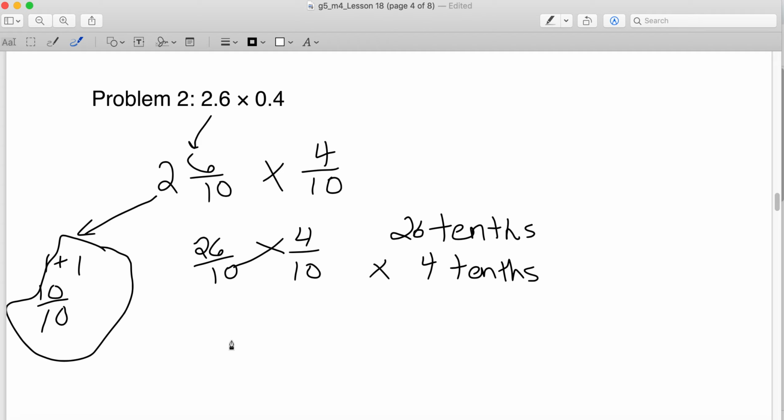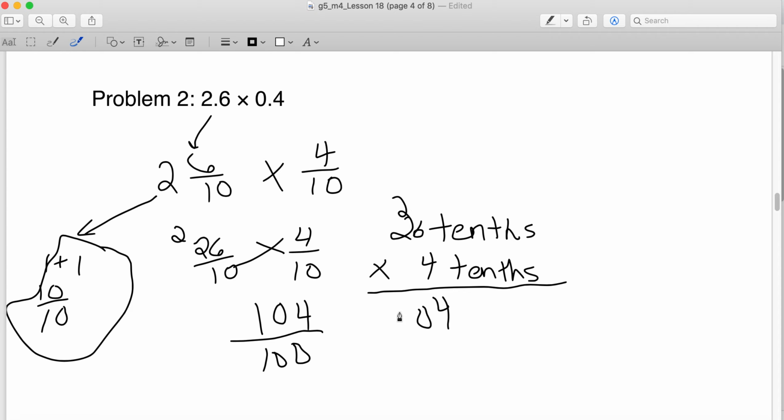So 26 times 4 and 10 times 10, so that's 100. 6 times 4 is 24, and we're going to carry the 2. And then 4 times 2 is 8, plus 2 is 10. All right, so we should get the same thing here, right? This is 104.